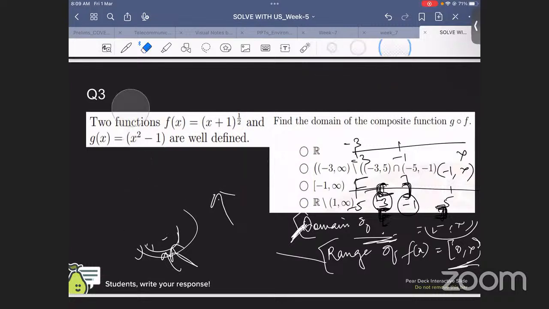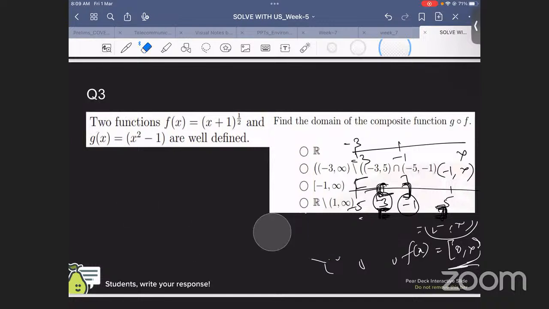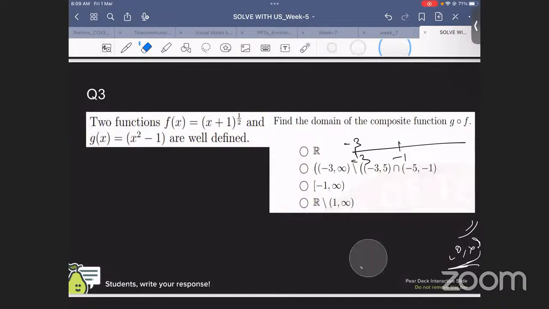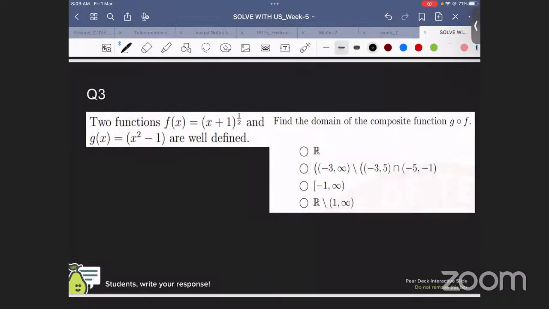Sir, we have to subtract -1 also, right? -1 will not come because -1 is not in a square bracket, so it would not be included in the intersection. It will not be removed from the original set.